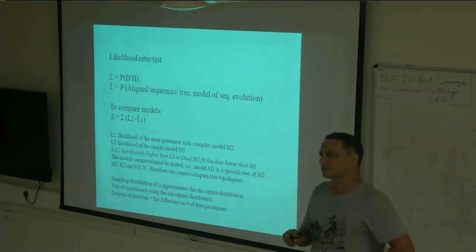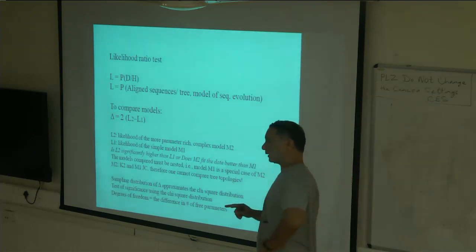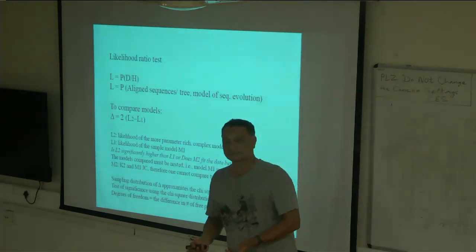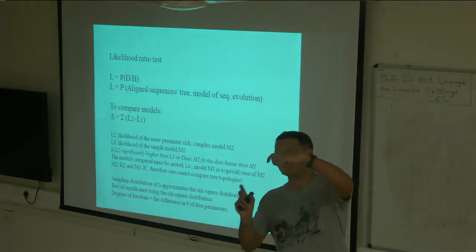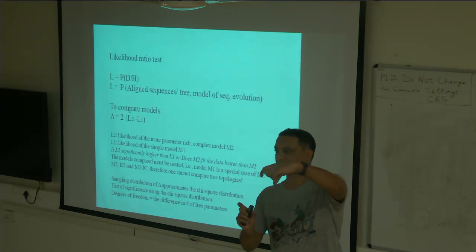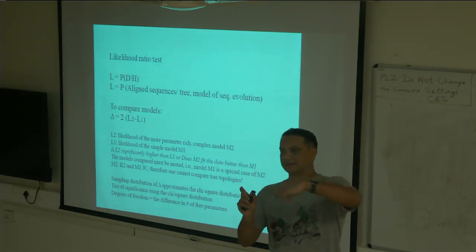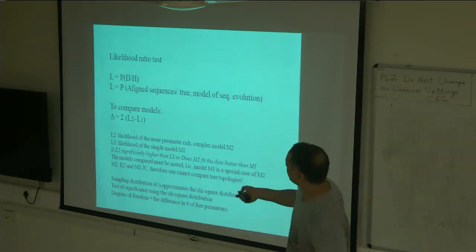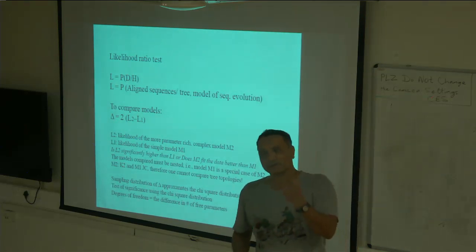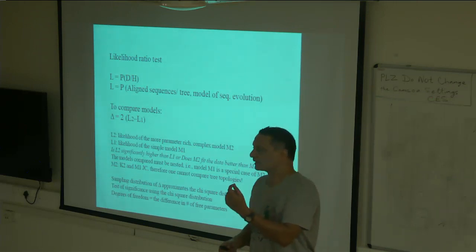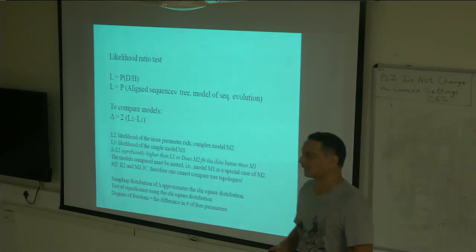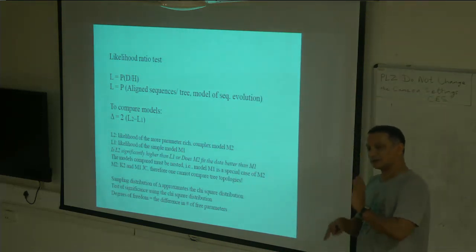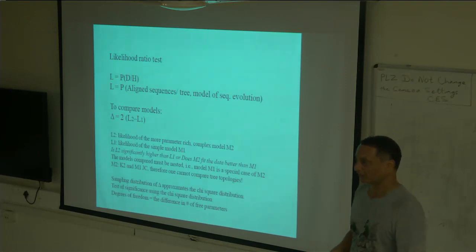This test can be used to compare two tree topologies. You look at the likelihood score of the two trees and subtract one from the other, and that gives you the delta. Then you figure out if the difference in the likelihood scores is significant, in other words, whether the two topologies are significantly different or not.